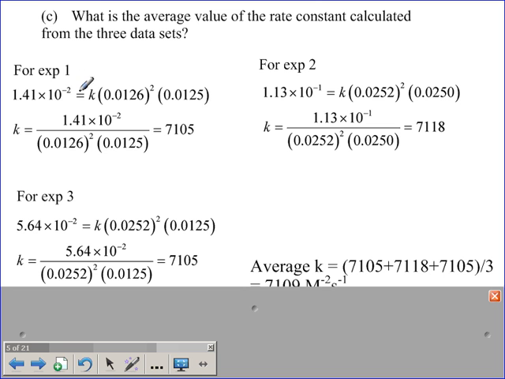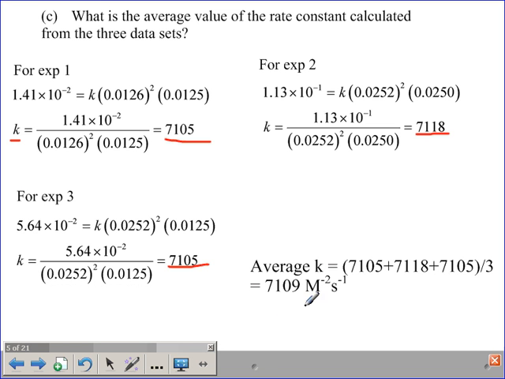I just substitute in the rates and the concentrations, rearrange it to solve for k, and I end up with these 3 numbers for my value of k. To find my average, I just add them up and divide by the 3 values. So I get 7,109 molarity to the -2 power seconds to the -1.